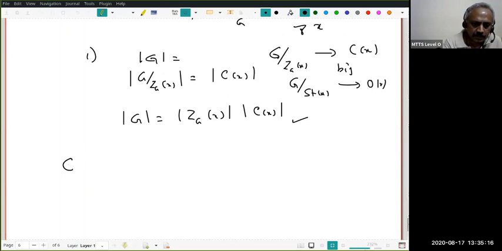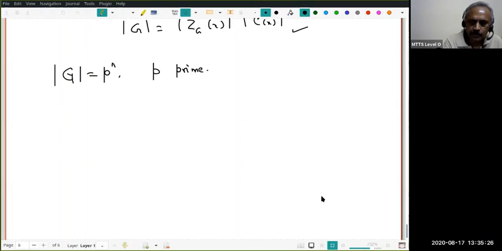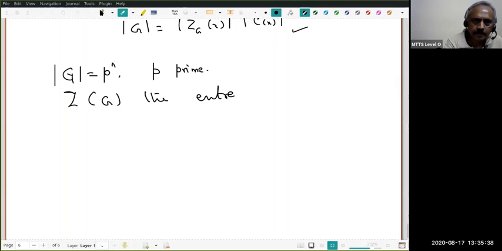Now let us assume G is a finite group of order p to the power n, where p is a prime. What we want to prove is that Z of G, that is the center of G, is non-trivial.